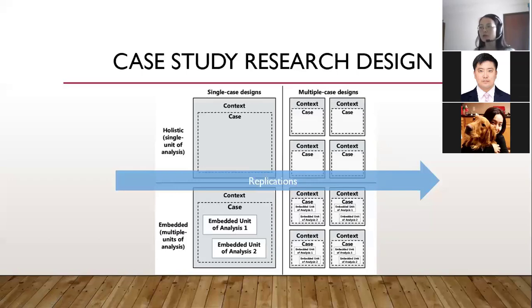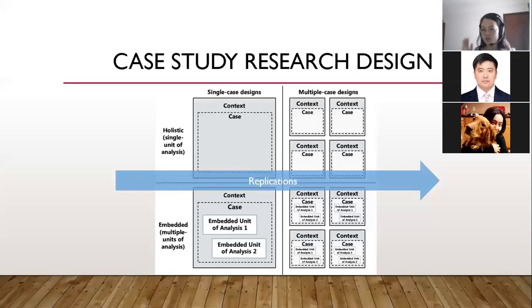For instance, I will explain more later, because replication, many people will, for instance, do multiple case study research, like they do case studies multiple times, sometimes at the same time. But that's not quite the situation. When I was reading this book, I feel that's not quite the situation.